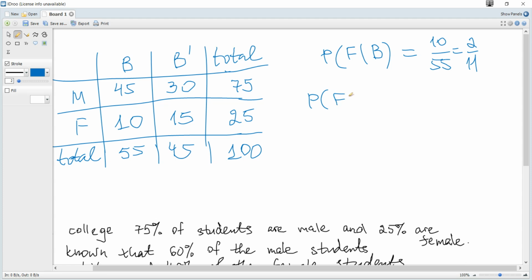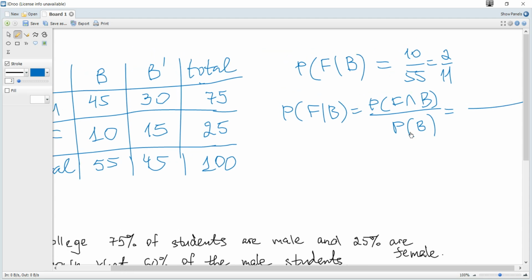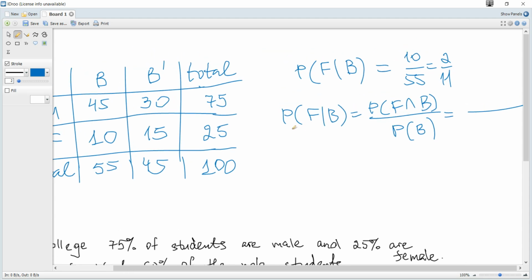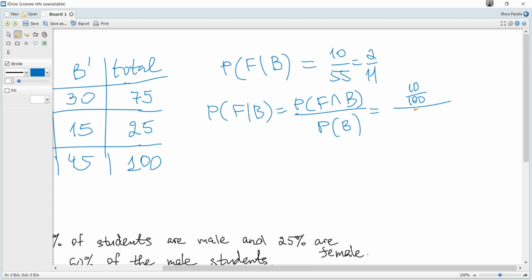The probability of F given B is the probability of F and B divided by the probability of B. If we use probabilities, F and B is 10 out of 100, because it's probability, so it must be out of the grand total, and the probability of B is 55 out of 100.